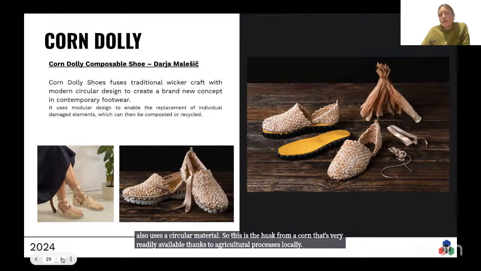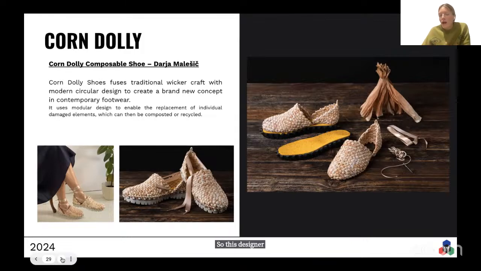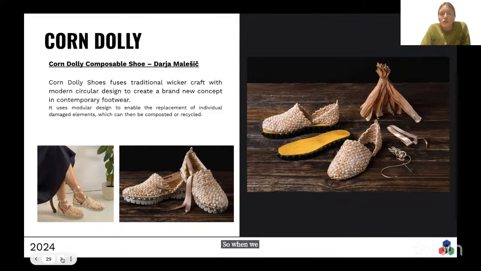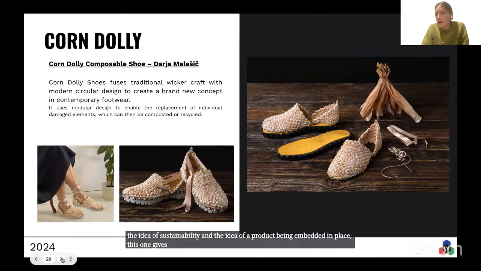So this designer was able to create a high quality product with sustainability, customization, and circularity in mind, that also created quite a contemporary and locally specific product. So when we talk about the idea of sustainability and the idea of a product being embedded in place, this one gives a really good example about how that could be done.